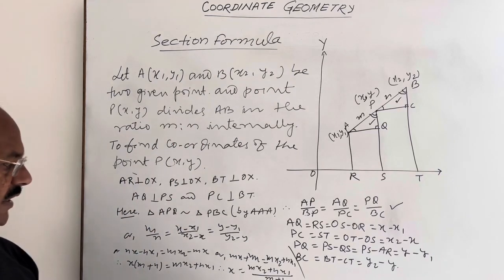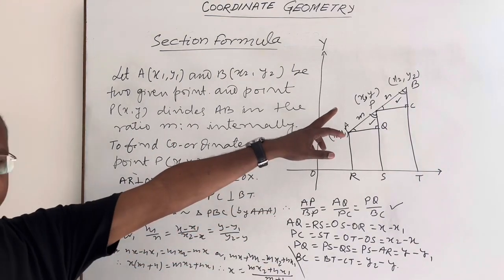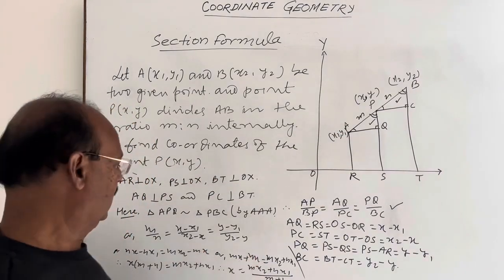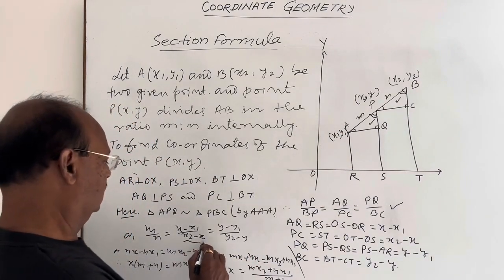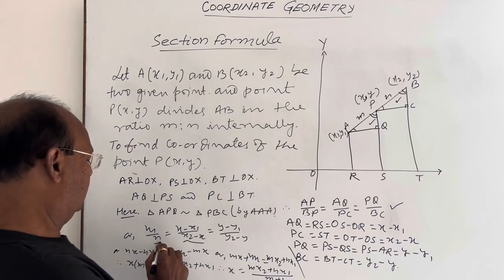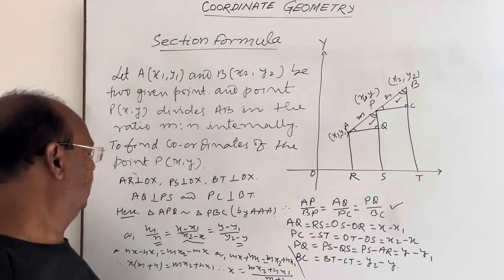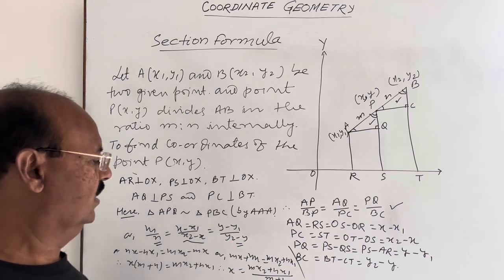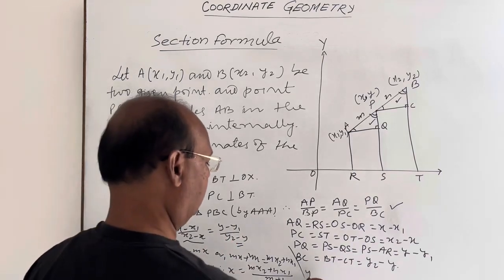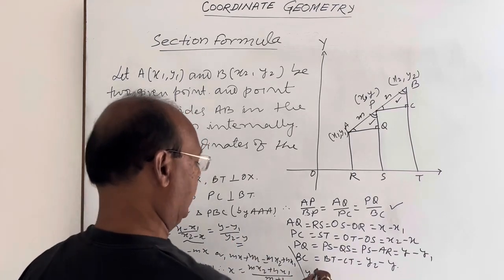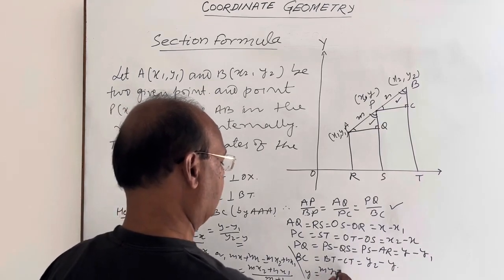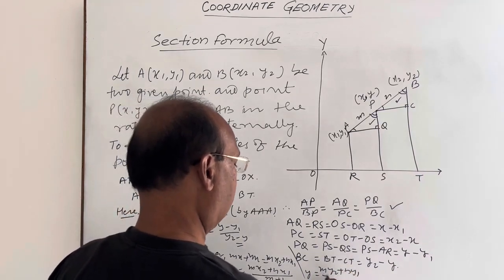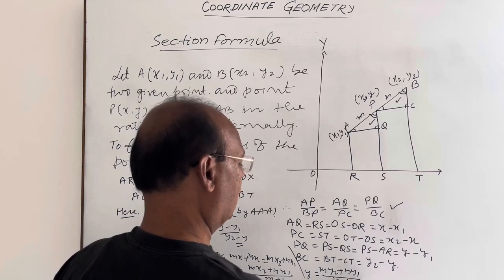Correct? Here we are getting the result of the x coordinate of this point P. Similarly, if we take this ratio and this ratio, m by n is equal to y minus y1 upon y2 minus y. Similarly, we can get y is equal to my2 plus ny1 divided by m plus n.